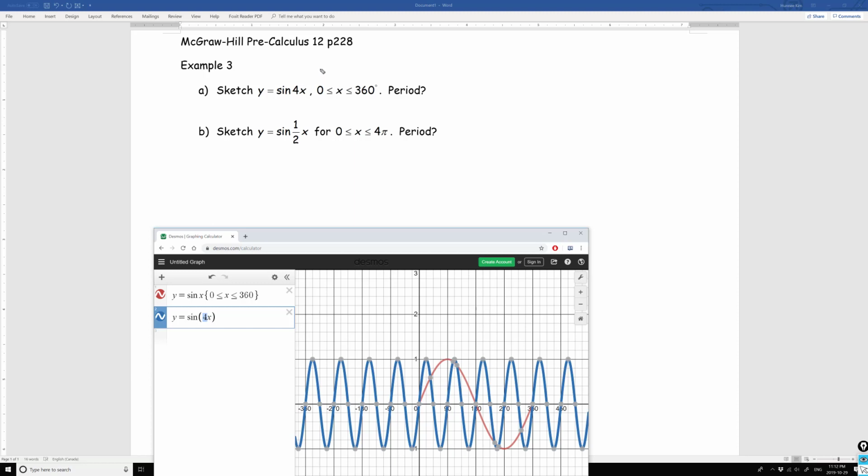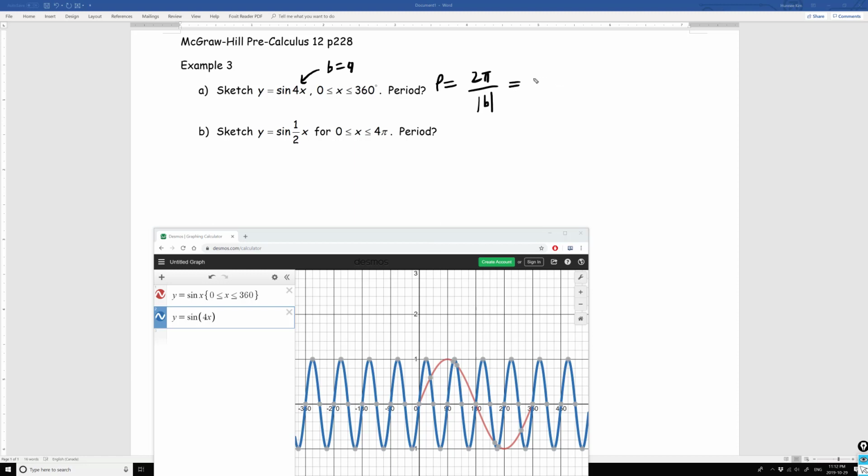Whenever you see that the b value is 4, b equals 4, please memorize that there's a formula for period. The period is equal to 2 pi divided by b. Now technically there's an absolute value there, because for the period, we're not interested in negative numbers. The period, we think of it as the amount of time it takes for the whole cycle to repeat.